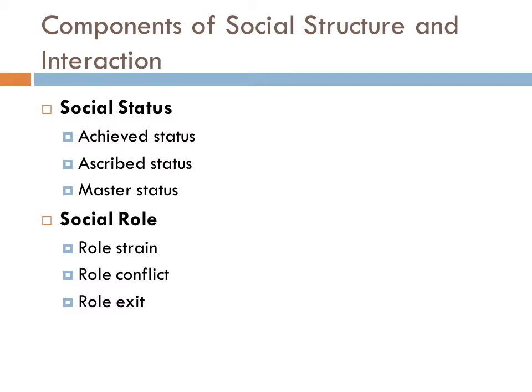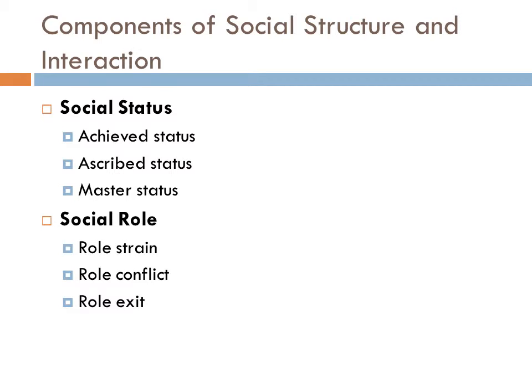Role exit, on the other hand, refers to a transitional process where one disengages from a role that is central to one's identity, with the intention of assuming a new role, perhaps. These transitions can stir up a lot of feelings, either positive, negative, or mixed.